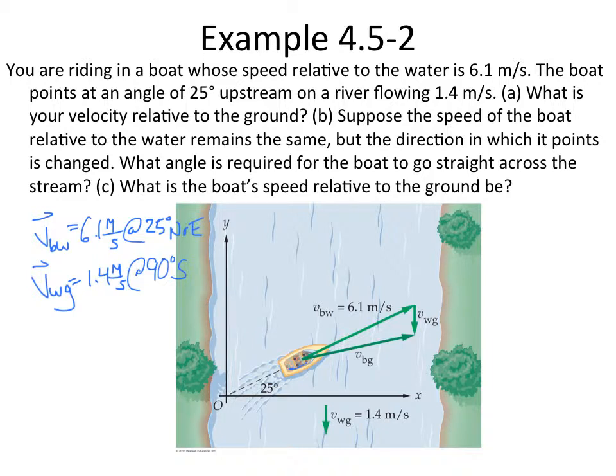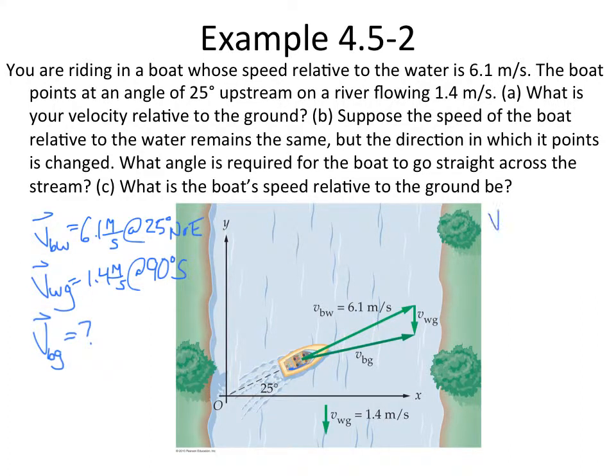Now, the real question is, are we able to find out the velocity of the boat with respect to the ground? It says your velocity, but you mean you and the boat. Can we find that? Well, the first question to ask is, do we have our subscripts in the right order?